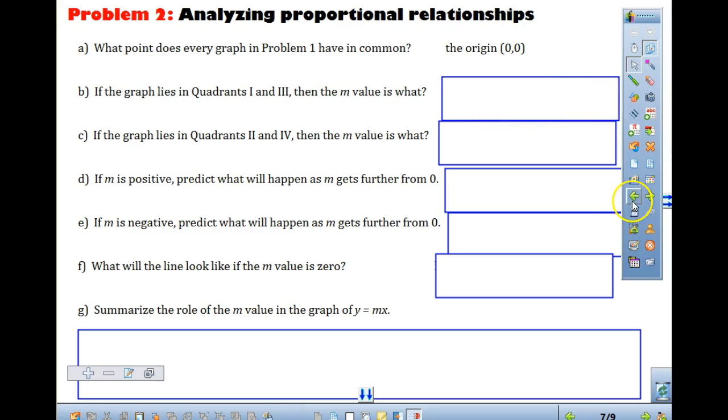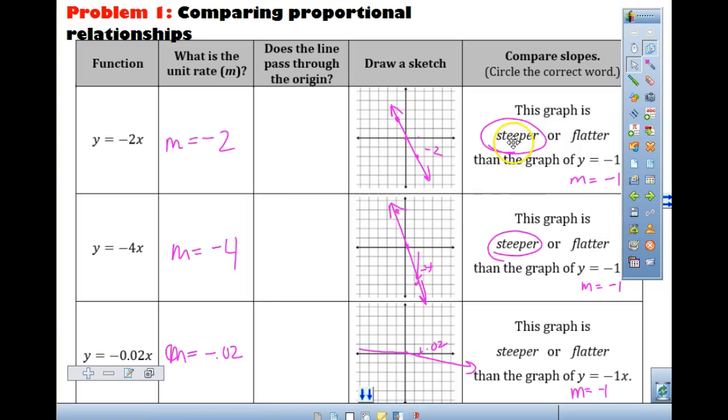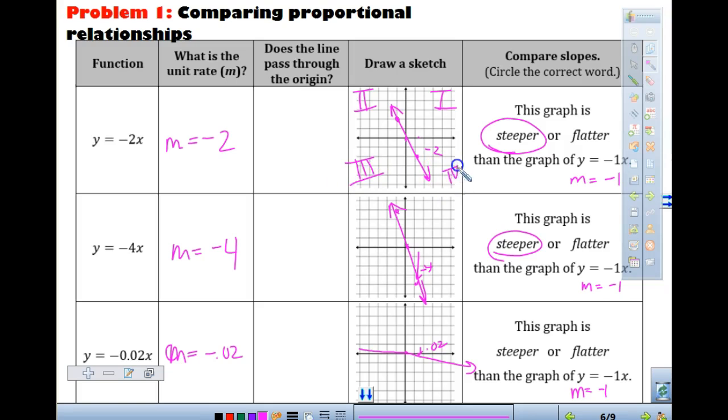So going back to this page on your notes, I want you to just number your quadrants going around. This was quadrant 1, this is quadrant 2, this is quadrant 3, and this is quadrant 4. And they're always in Roman numerals, okay?